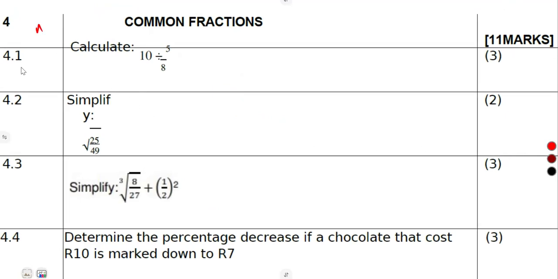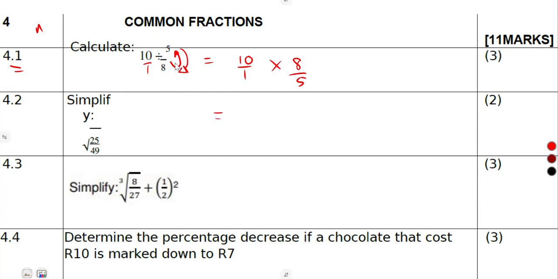Then let us move on to the other part of our question paper, which is common fractions on question number 4. 4.1, 10 divided by 5 over 8. This is 10 over 1. So remember, multiplication, you introduce, division, you must introduce a multiplication and find the reciprocal of what? The second fraction, which is 8 over 5, or the inverse, or simply 1 over that.